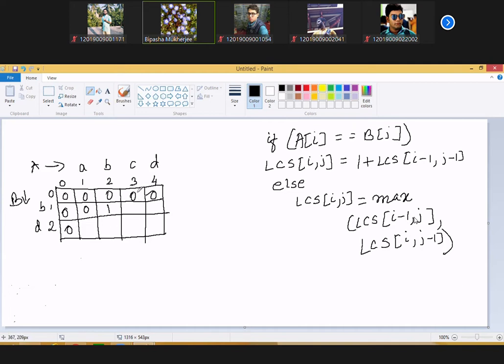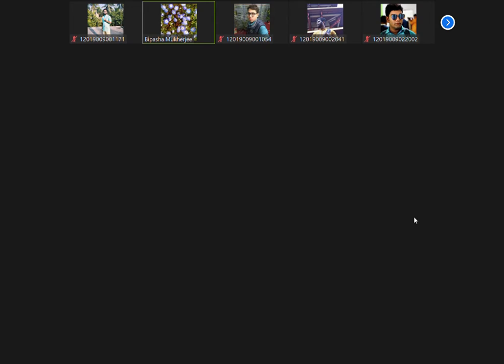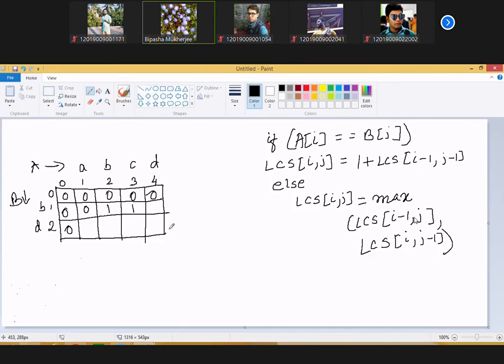Similarly, when you come to this one, no matching is found, so you take the max of this and this. Now if you go to this element, again no match, so take the max. Then you go to the next one and check again.